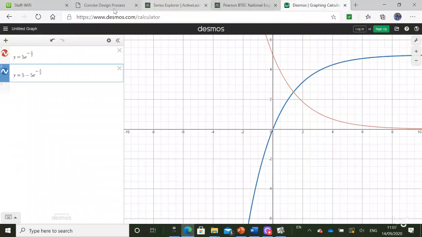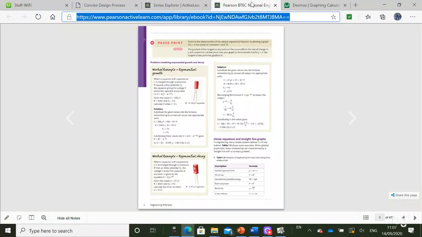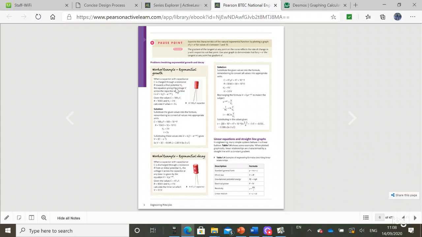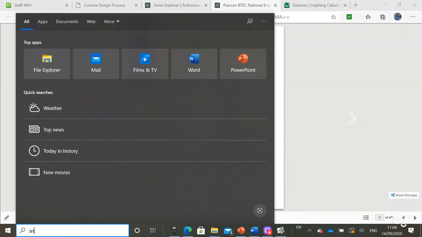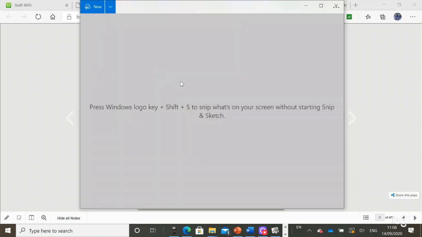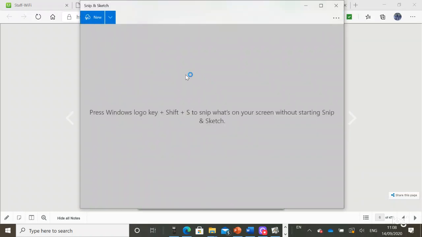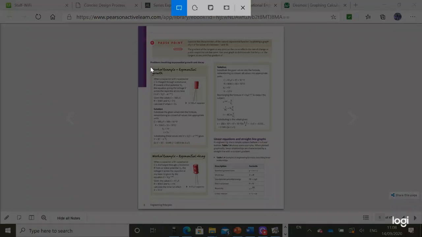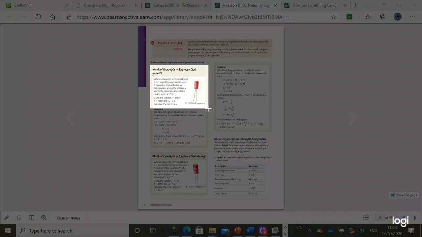Okay, so what I want to do now is just cut out a question so then we can explore together. So is this one here? It doesn't let me, does it? So we have to do that again. Snip and sketch. Okay, so we go like that.